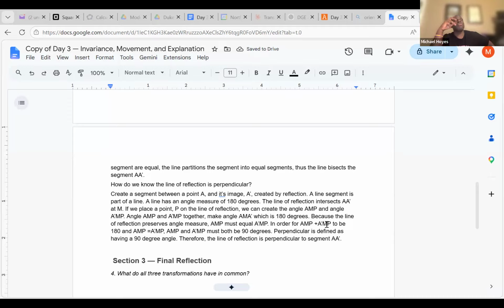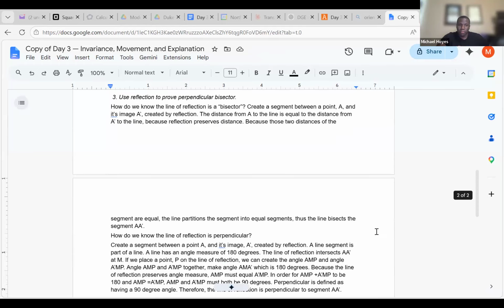Does that make sense? Yeah. So at that point, we have proven it's perpendicular, and we've proven it's a bisector of the segment. Therefore, the line of reflection is a perpendicular bisector. We've proven both of those through reflection.